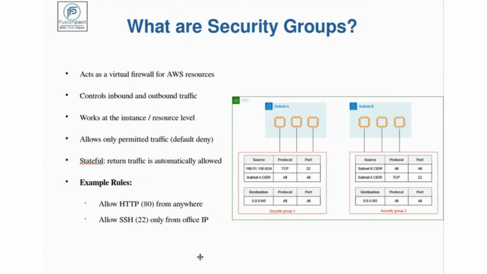What this means is that when we allow inbound traffic on port 22 for SSH, the return traffic is automatically allowed as well, because what we generally do is SSH into a VM.